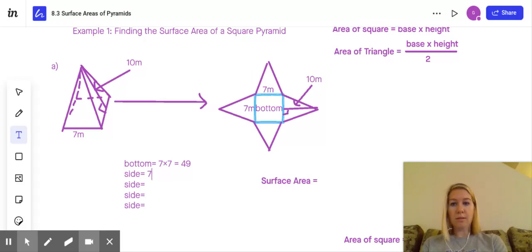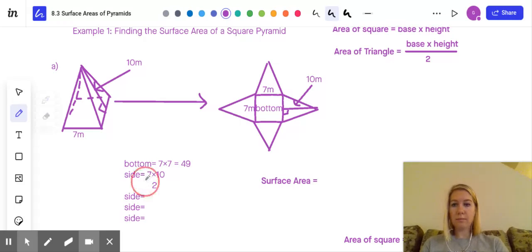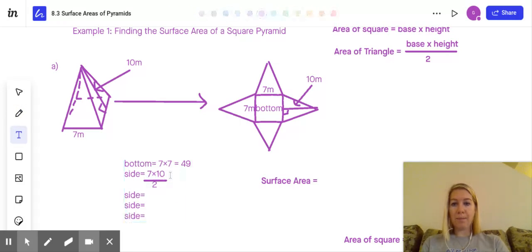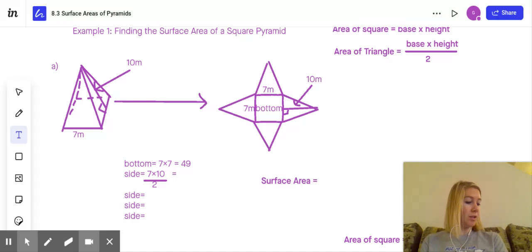So 7 times 10 divided by 2. I know 7 times 10 is 70, and then 70 divided by 2 is 35.